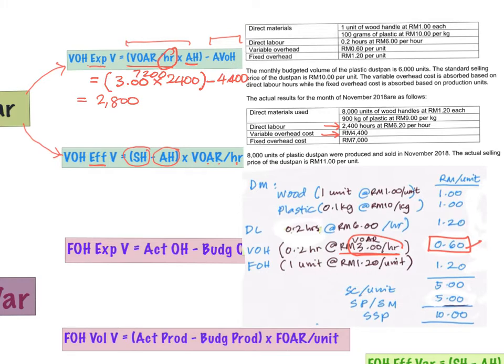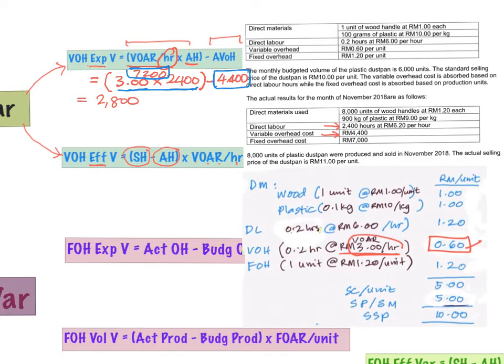Okay, so what does it mean? Now we can see that VOAR at actual hours, which is your budgeted overhead here, has been set at 7,200 ringgit, but you actually incurred 4,400 ringgit only.